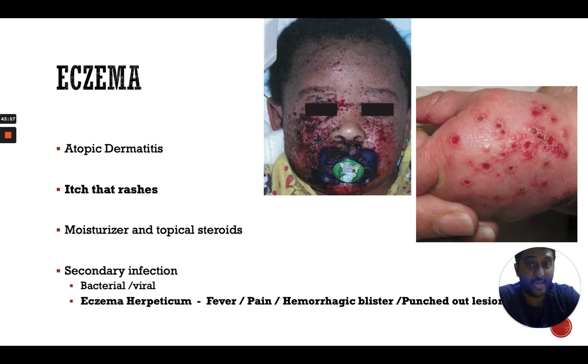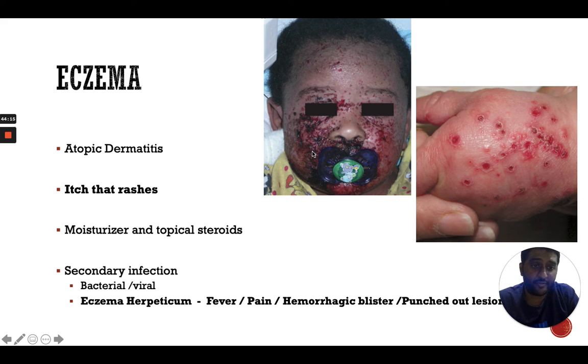Viral infection can occur, which is a very serious illness called eczema herpeticum, wherein they can have hemorrhagic blisters and punched out lesions. If you see the face of the child, it's all hemorrhaged and crusted.